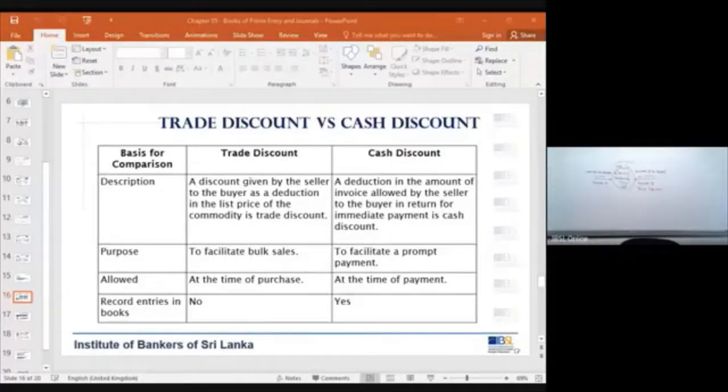So you will see, when you get a discount of this kind, that is called a cash discount. This is called a trade discount.